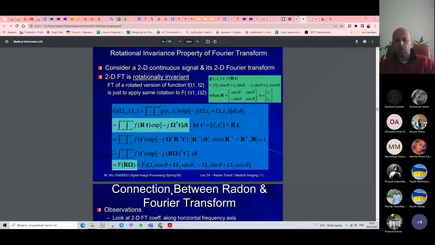For now I will briefly explain the rotational invariance property of the Fourier transformation.